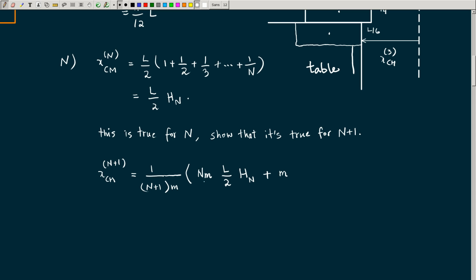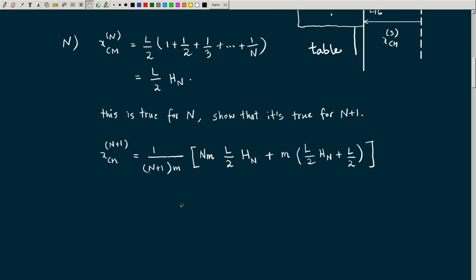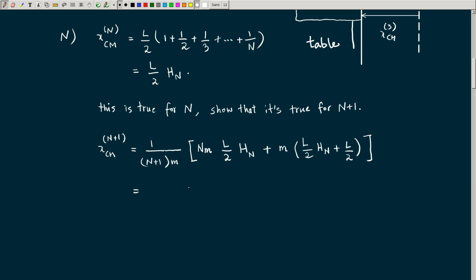So the mass is m, this mass is n m, this mass is m, it's only one, and the position is this position, L over 2 h n, plus L over 2, plus this much. If you solve this, it's just an exercise, try to simplify this, and you will see that you will get L over 2 times h of n plus 1.